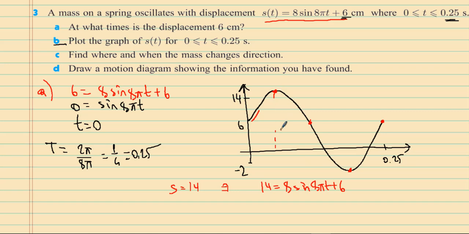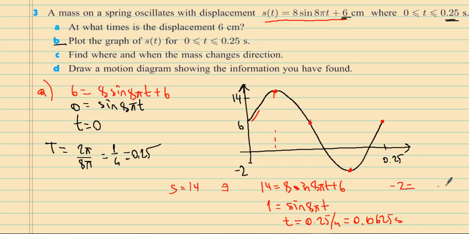We don't have 90 degrees, so 0.25 divided by 4 gives you 0.0625.